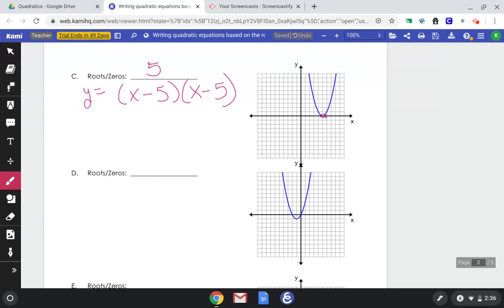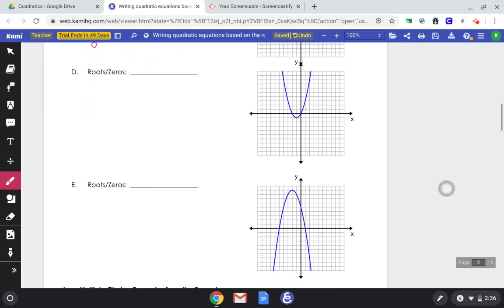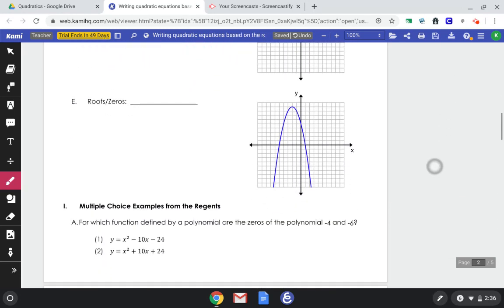That's one way you could think of it, or x minus 5 squared would be the same thing. Then I could go through and FOIL this out, or multiply this out, and I would get my final equation, y equals x squared minus 10x plus 25. Okay? Letter D, I think you could do on your own. Letter E, you can do on your own.